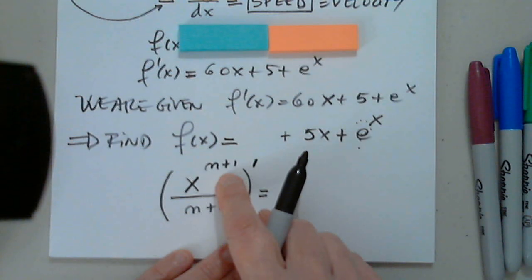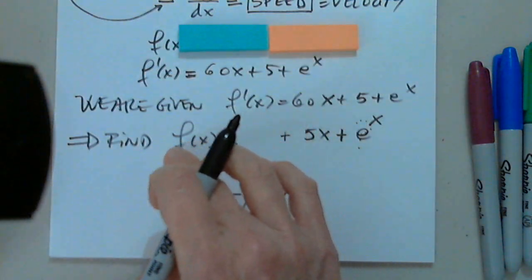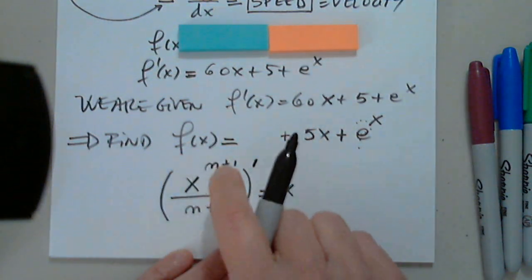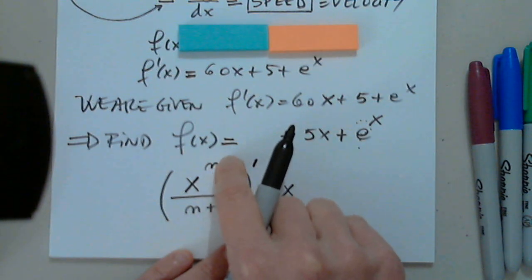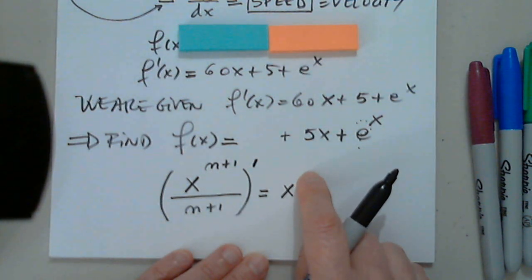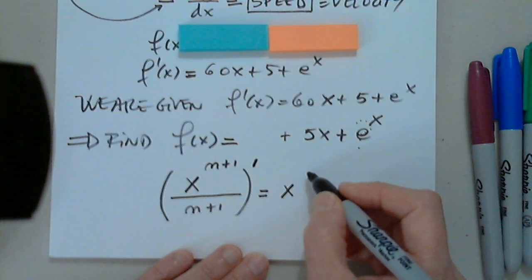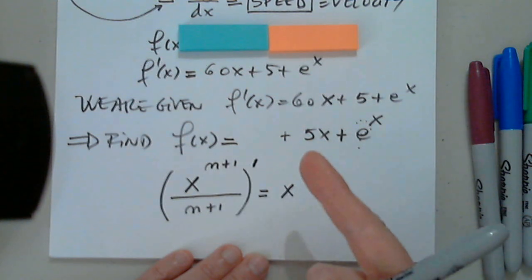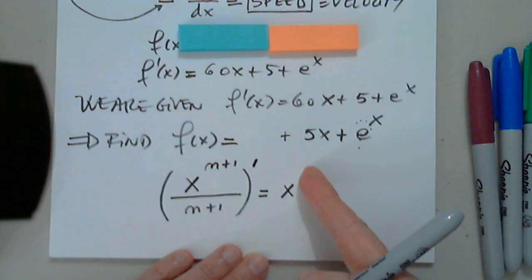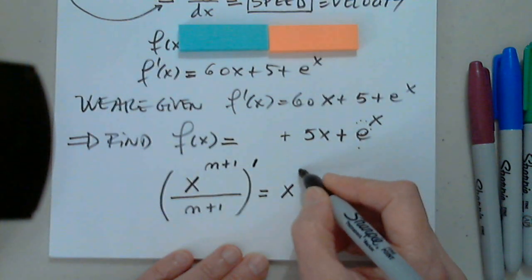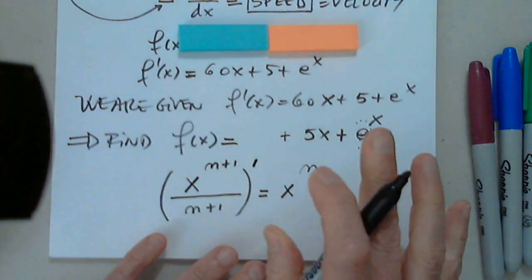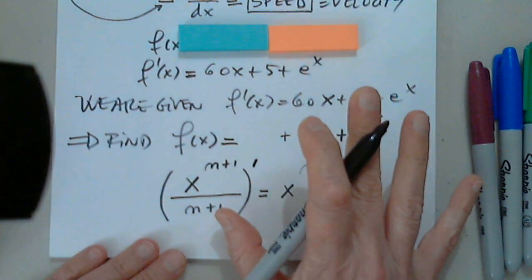But I have n plus 1, right? So n plus 1 comes in front, it will be simplified, and I have to subtract 1 from n plus 1. If from n plus 1 I subtract 1, what am I left with? Oh, n. That's it.